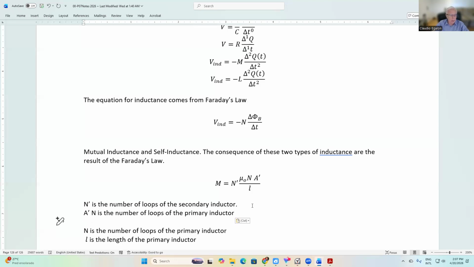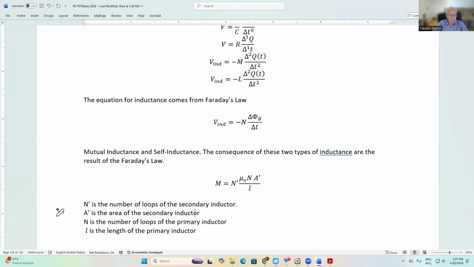A prime is the area of the secondary inductor. Okay, here we go. That's for mutual inductance. And we are doing all of that for the coil, for the solenoid. Don't forget, this is for the solenoid.